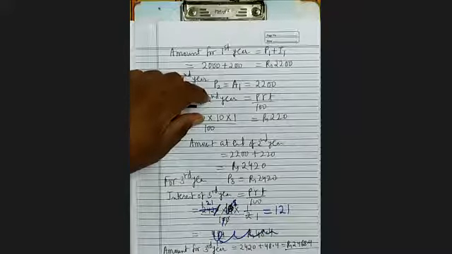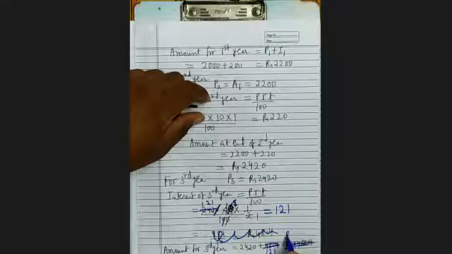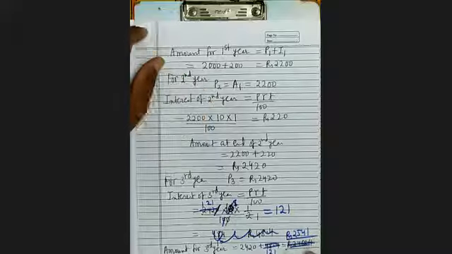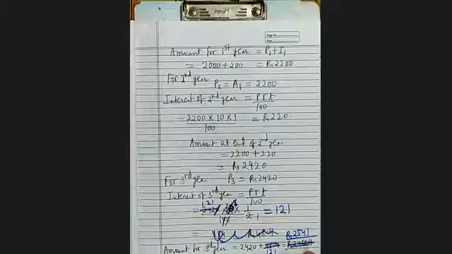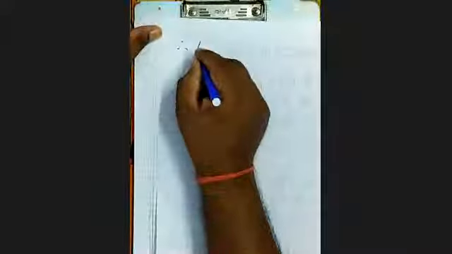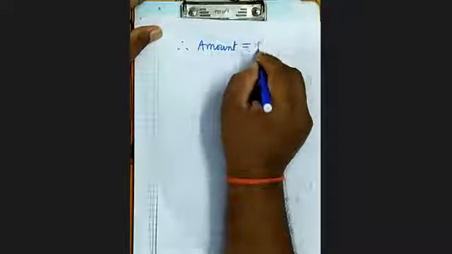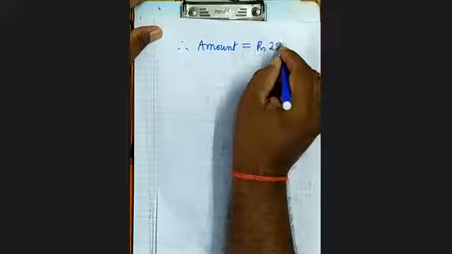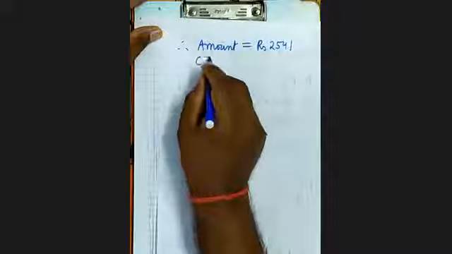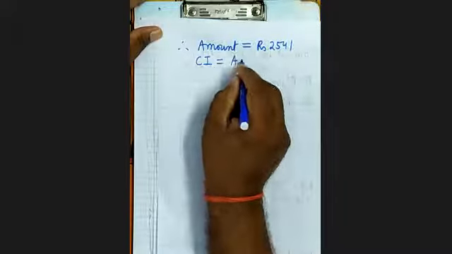1 2 1. When you add 2420 and 121, what will you get? Rupees 2541. So what will be the answer? You write down. Therefore, amount equals to rupees 2541. What is CI? Amount minus principal.